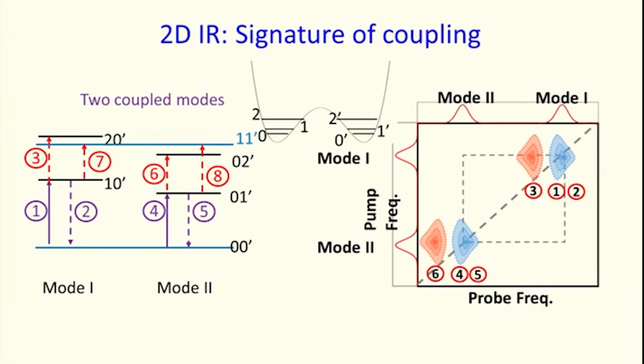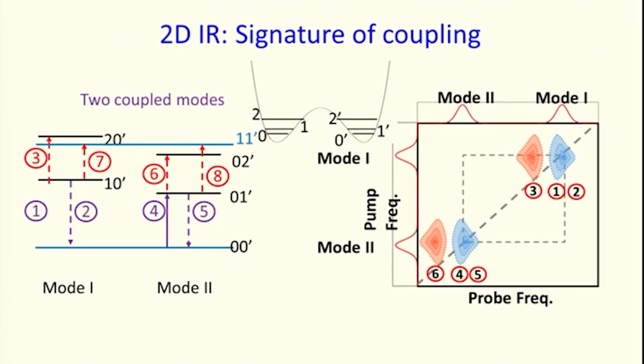Now let us think how this 2D IR spectrum is going to change, if at all, if we pump either mode 1 or mode 2. Let us say we pump mode 1.